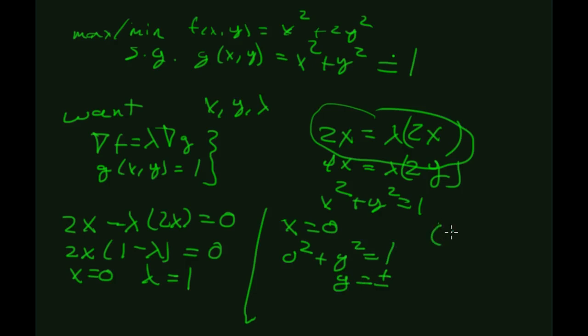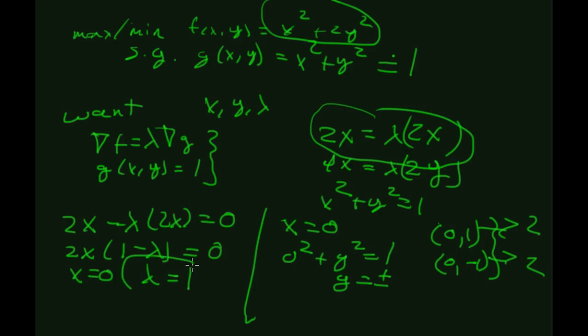So that gives me 2 critical points, 0, 1, and 0, negative 1. And if you put either of these into the objective function, you end up getting 0 plus 2, so that's going to give me 2.